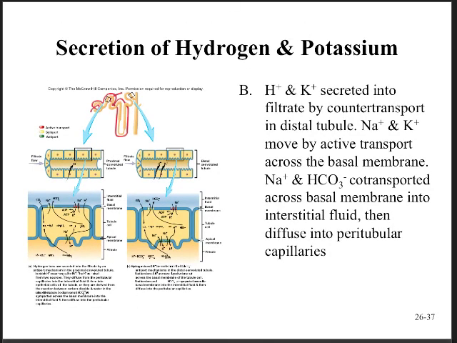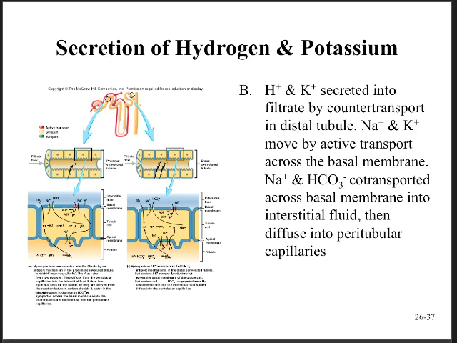Next, we have protons and potassium secreted into the filtrate by countertransport in the distal tubule. Sodium and potassium move across by active transport across the basal membrane, while sodium and bicarbonate are co-transported across the basal membrane into the interstitial fluid. Then they diffuse into the peritubular capillaries.